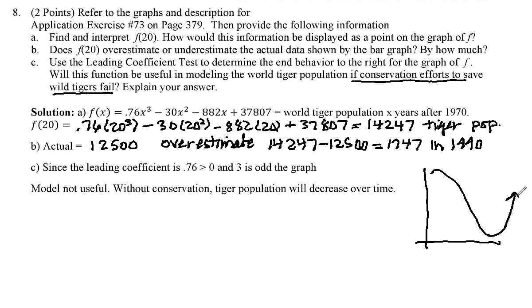End behavior, it's got to go up to the right and down to the left. Well, if conservation fails, that population is going to keep going down instead of going back up, and then it's not going to be a useful model past that time. But inside this time frame here, where the graph is decreasing, it does approximate pretty closely.